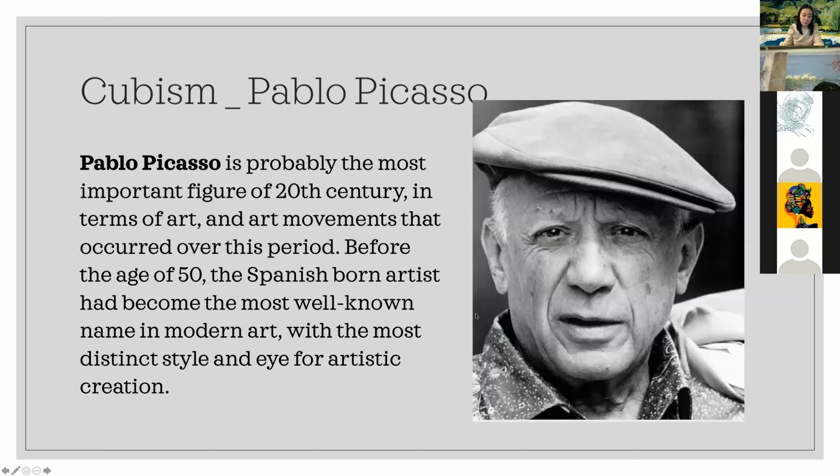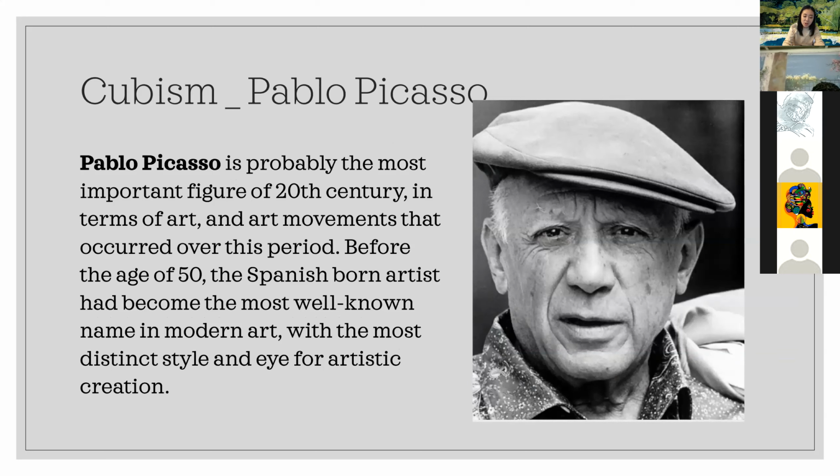So this is Pablo Picasso. Pablo Picasso is probably the most important figure of the 20th century in terms of art and the art movements that occurred over this period.